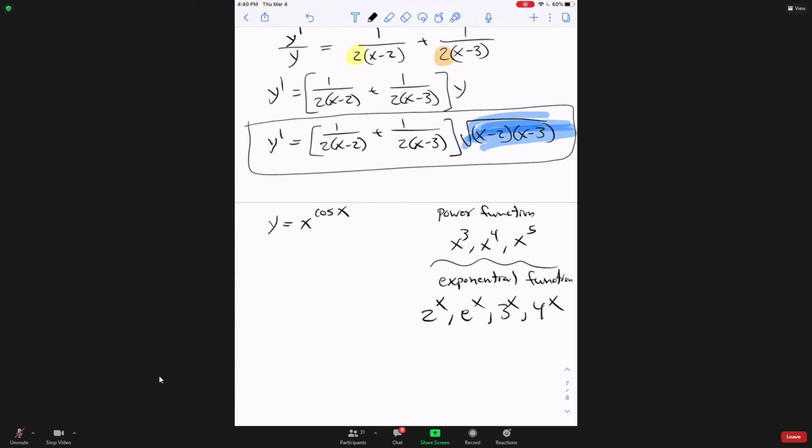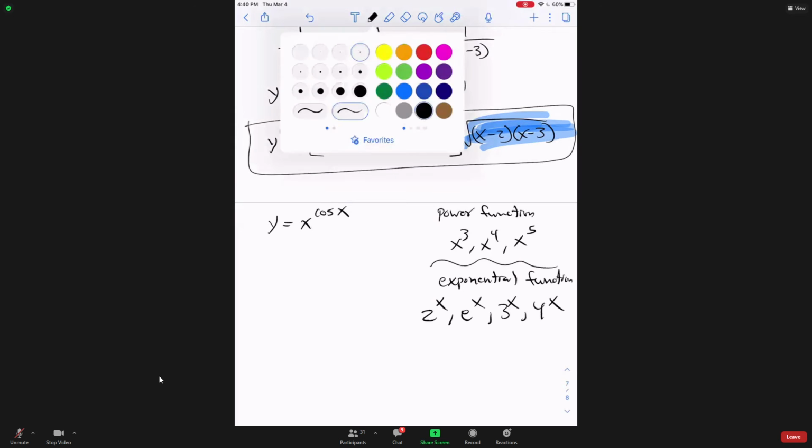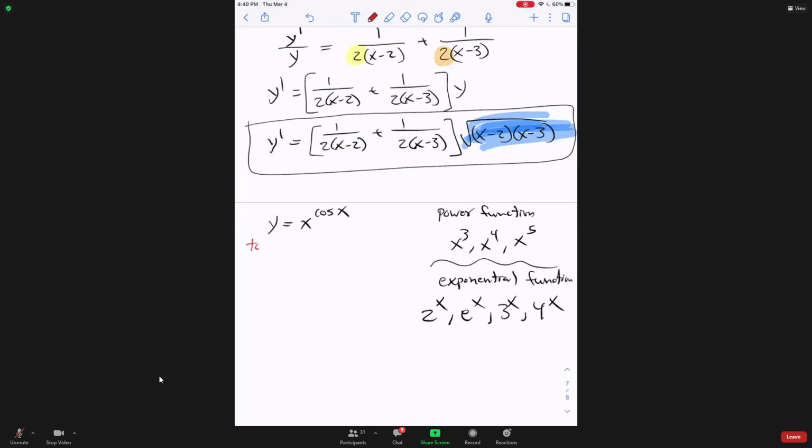It's its own mutation. So to take the derivative, we need to use logarithmic differentiation.